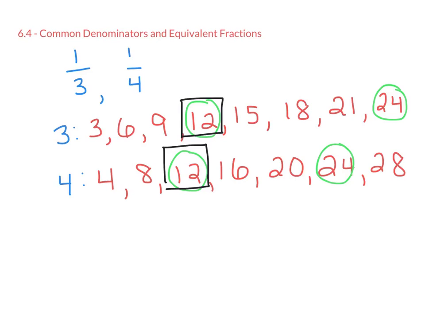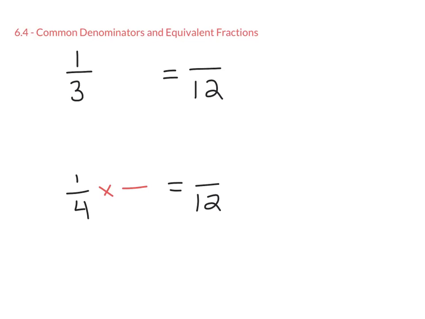Our next step is going to be to rewrite 1/3 and 1/4 as fractions with denominators of 12. We want to find out how many 12ths are equal to 1/3 and how many 12ths are equal to 1/4. We're going to do this by multiplying both fractions by fractions that are equal to 1.